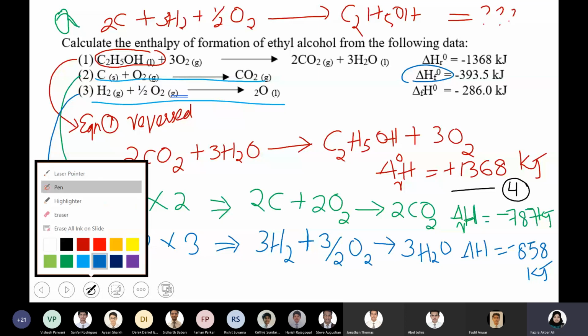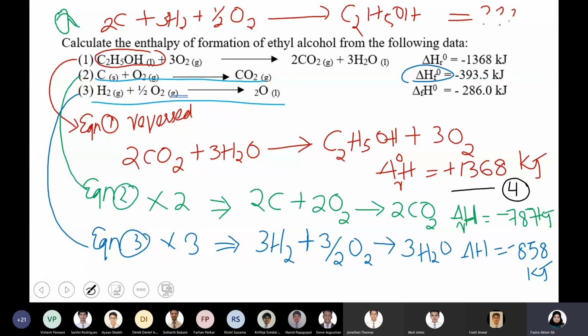So now you can label these equations as equation 4, equation 5, and equation 6. Equations 1, 2, 3 have now become 4, 5, 6, because you have made changes in all these 3 equations.